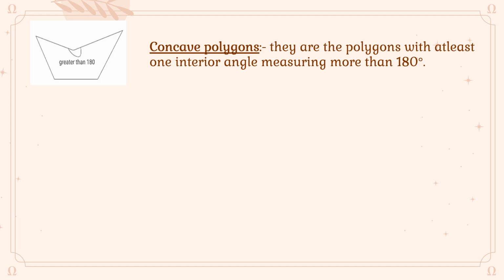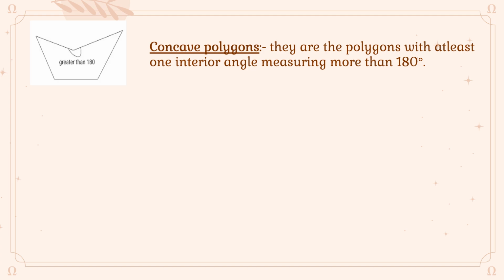So a polygon is said to be a concave polygon only if at least one interior angle of the polygon is measuring more than 180 degree. You can see the picture there.